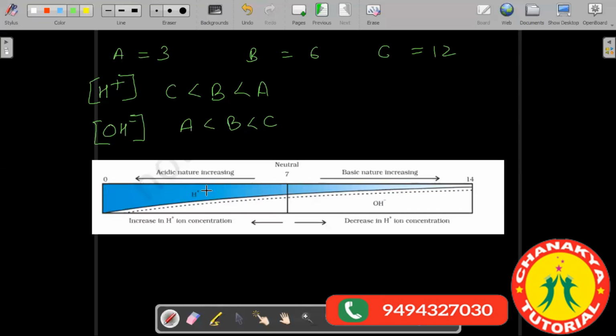As we increase the pH up to 7, the concentration of H plus ions decreases, and at pH 7, the concentration of H plus ions and OH or hydroxide ions is the same. That means at 7, the substance is neutral. pH 7 means the substance is neutral.